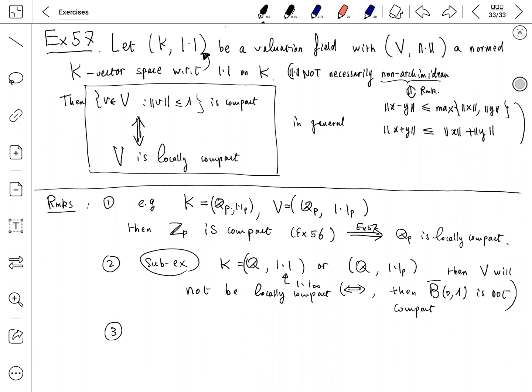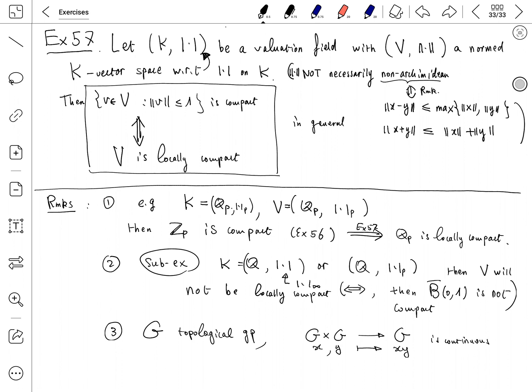Lastly, let me recall that in general, for G a topological group, by definition the translation or the product is continuous. As a result of this, you have at least the following two facts.